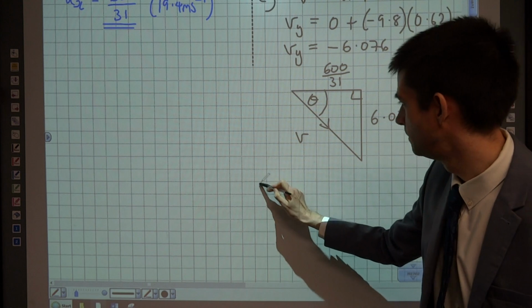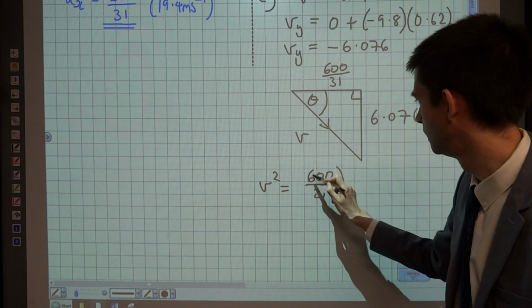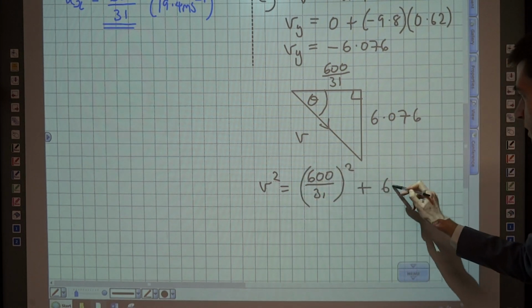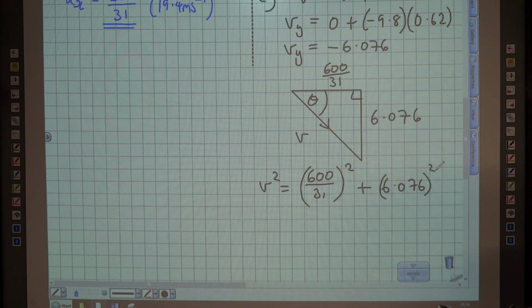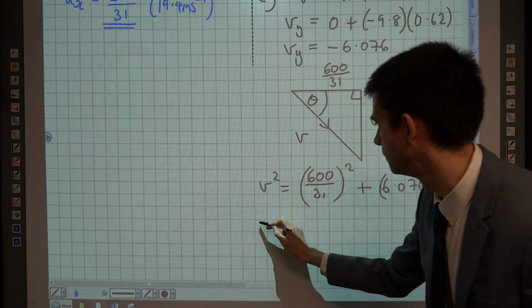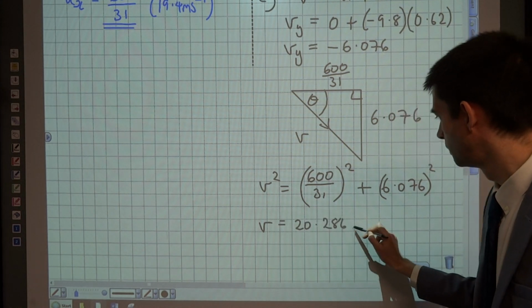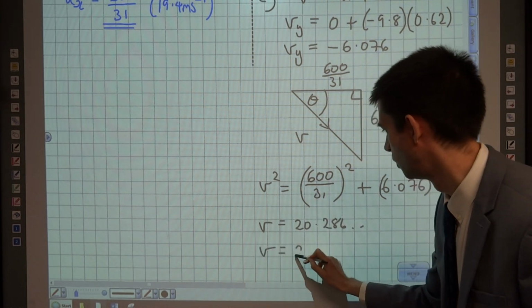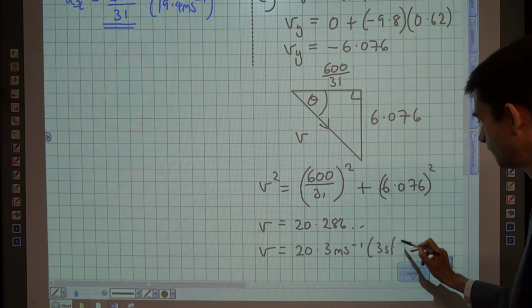Right. So V squared is going to equal 600 over 31 squared plus 6.076 squared. And then we're going to square root that to get V to be 20.286. So I'll round that to 20.3 meters per second to 3 significant figures.